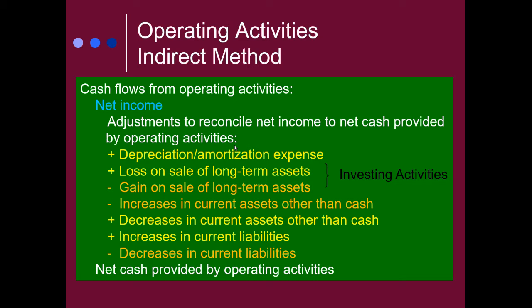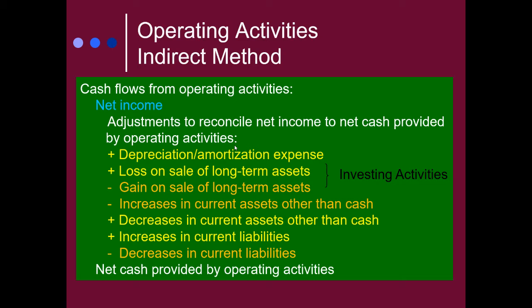You can start first with adding back the non-cash items, such as depreciation and amortization. You have to add back because when determining the net income in the income statement, these expenses are deducted, but they do not involve any cash movement.